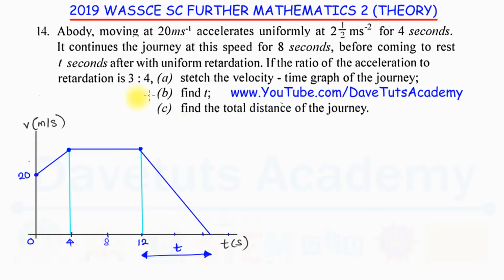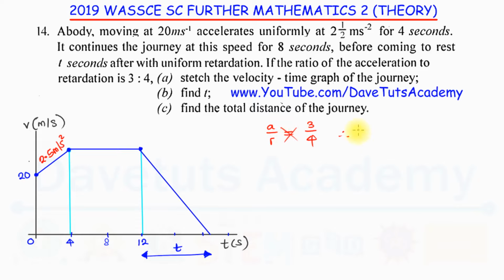So this is the very first thing we have to do to sketch the velocity time graph of the journey. But I want to include the acceleration. In the first case, we are told that the body moving at 20 meters per second accelerates uniformly at 2.5 meters per second square. So here, this is 2.5 meters per second square. Then for the retardation, we are told that the ratio of the acceleration to retardation is 3:4. So acceleration to retardation is 3:4.